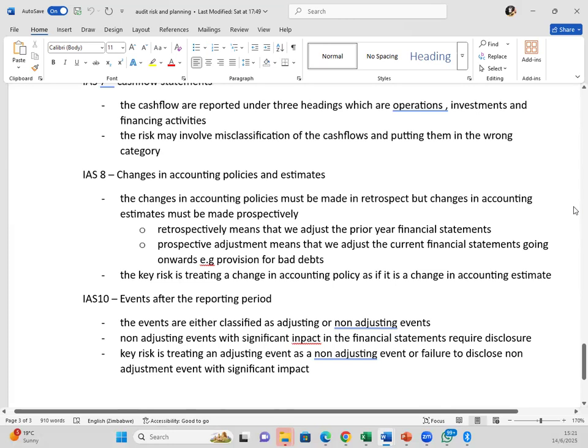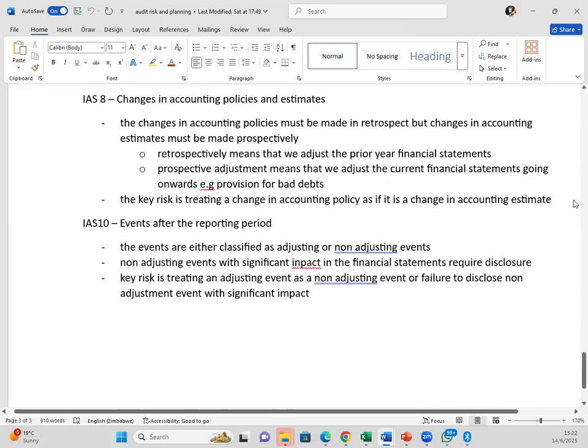Then besides that, we have the next standard, IAS 10, which tells us how we account for events after the reporting period. Events after the reporting period can be classified as adjusting events or non-adjusting events. The key risk associated with IAS 10 is that there can be an adjusting event which was not accounted for.